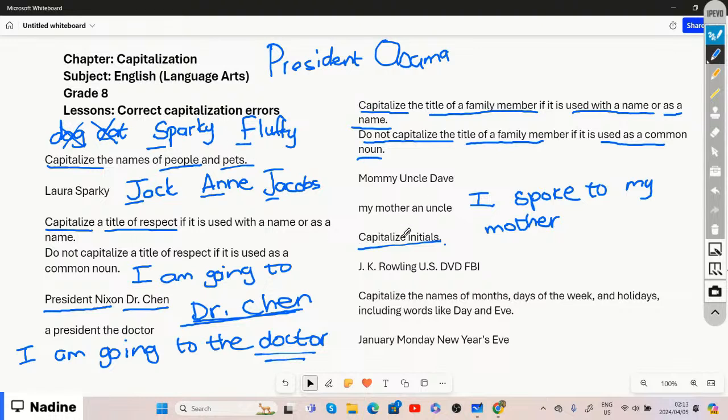For example, the initials of somebody's name and surname. So now they have two names. So JK is capitalized as well as the person's surname is capitalized.